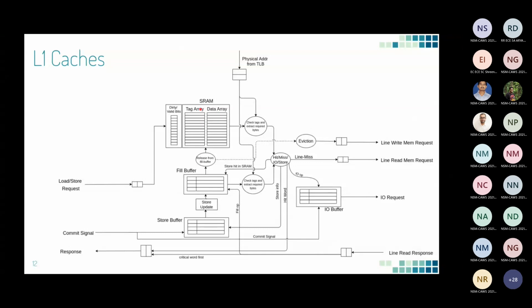And single read-write port memories are the tiniest and the fastest memories possible. As soon as you add more ports, either the area increases or performance decreases. A single read-write port is the fastest SRAM technology that you can get for a particular node. And in order to leverage that, we have come up with this fill buffer plus store buffer and release architecture.